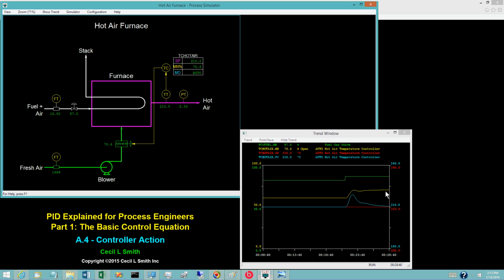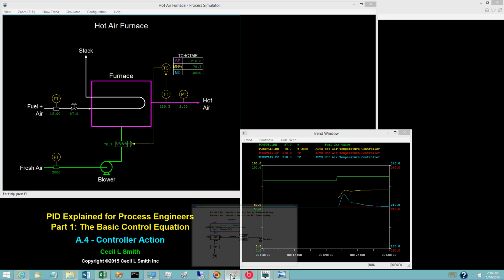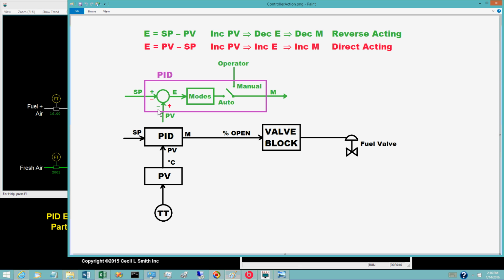As presented in the previous video, the comparator within the PID block computed the control error E as SP minus PV. How does the controller output change on an increase in the value of the PV?